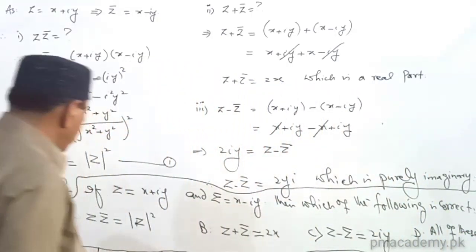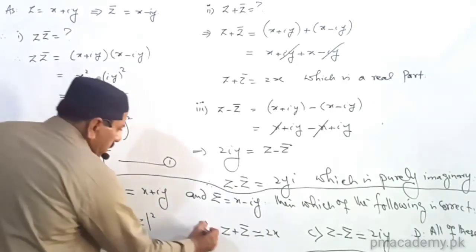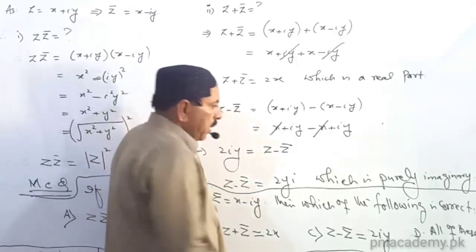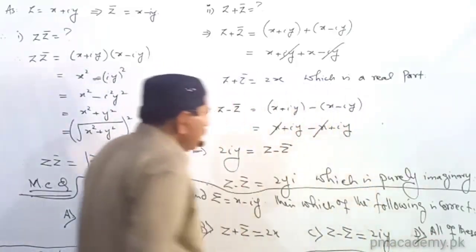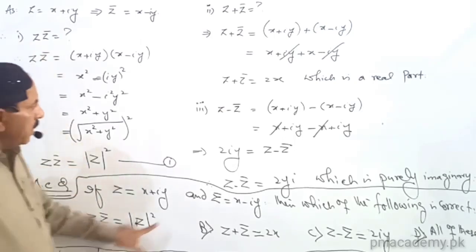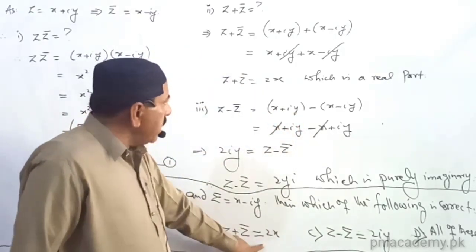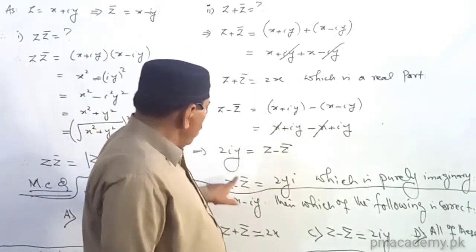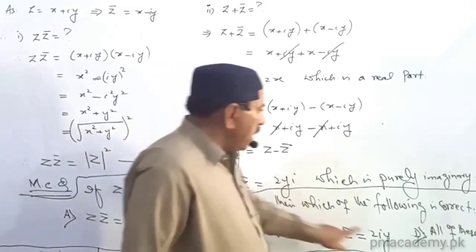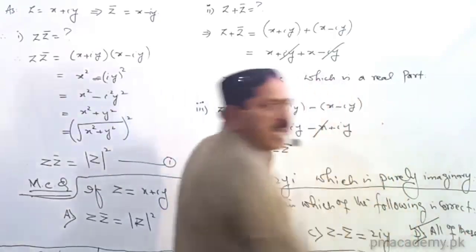So all of these, according to the definition, we have already introduced all three values. So z into z bar is mod of z square, which is also correct. Z plus z bar, which is 2x, also correct. Z minus z bar, which gives the value of 2 iota y, which is also correct. So here the D option is all of these are correct options.